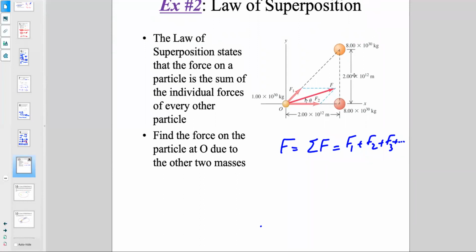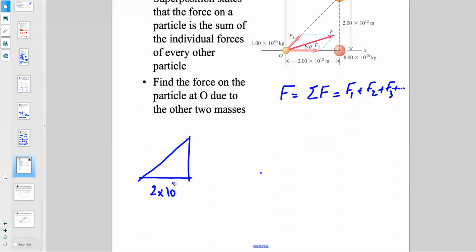The first thing I need to know is what this distance is, because it's not given to us. I have 2 times 10 to the 12 meters here and 2 times 10 to the 12 meters here, so I can easily find this length. I can find this x right there.